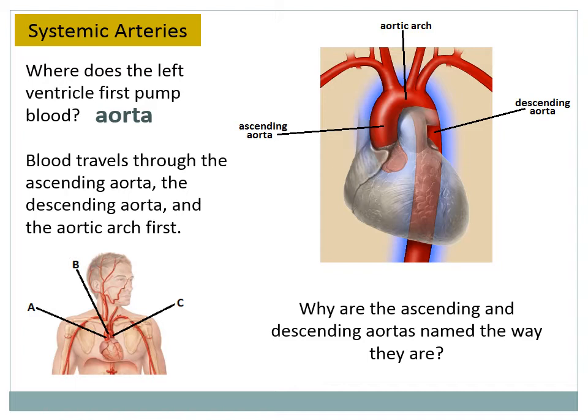So there's the ascending aorta, the descending aorta, and the aortic arch. If you look over there to the right, you can see those three structures of the aorta. So why do you think the ascending and the descending aortas are named the way they are? Yeah, because one goes up and the other goes down. So the ascending aorta is going up and the descending aorta is going down.